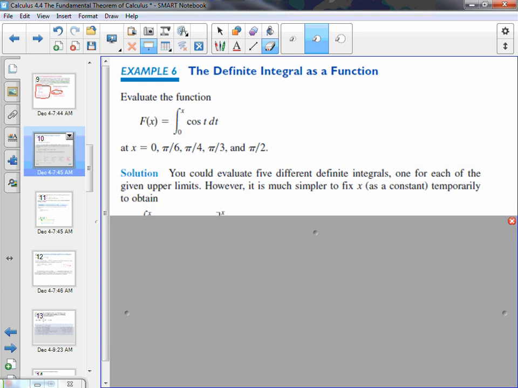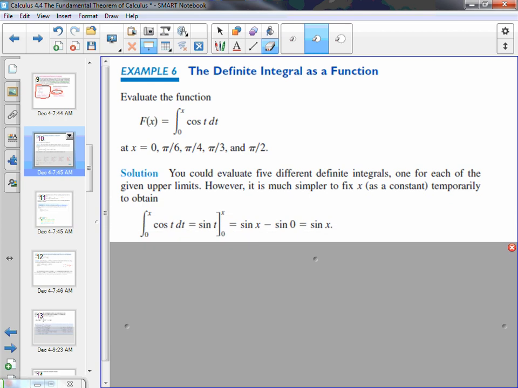Or we can do this. So it says you could evaluate 5 different definite integrals, one for each of the given upper limits. However, it is much simpler to fix x as a constant temporarily to obtain, okay, so we play along here.